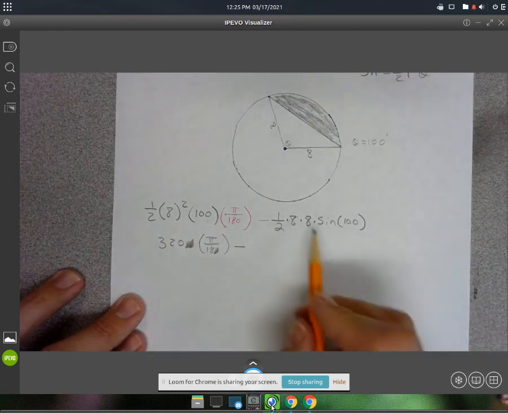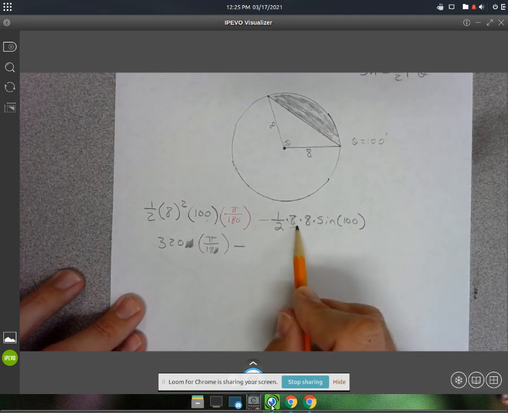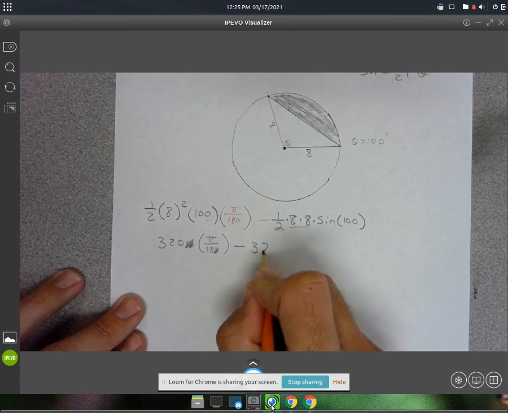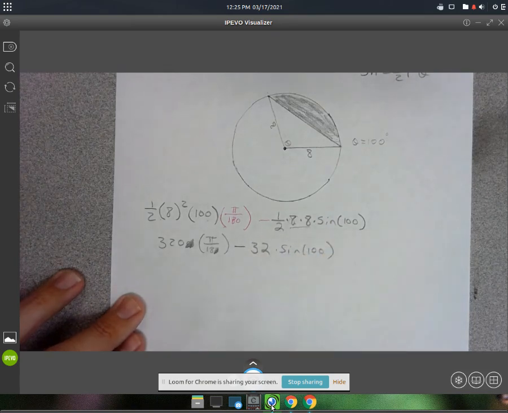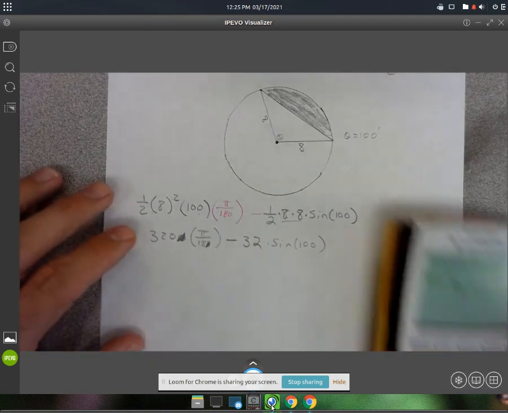And then minus, same thing here. 8 times 8 is 64, but I'm taking half of that, which is 32, times sine of 100. Okay, this is good. From here, I'll just throw it in the calculator.